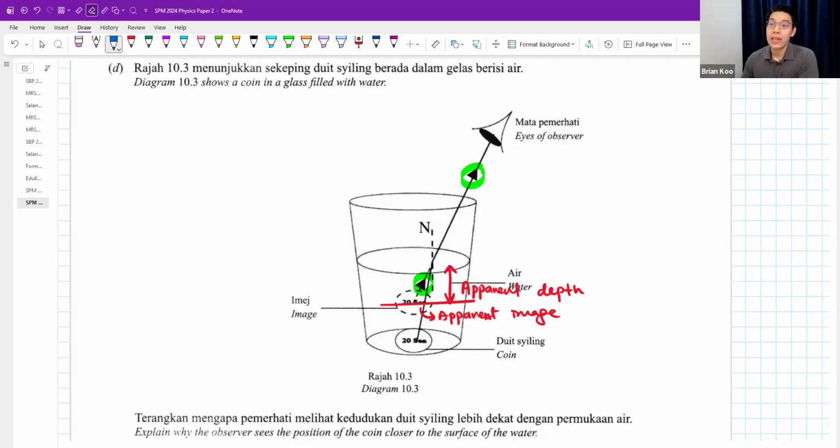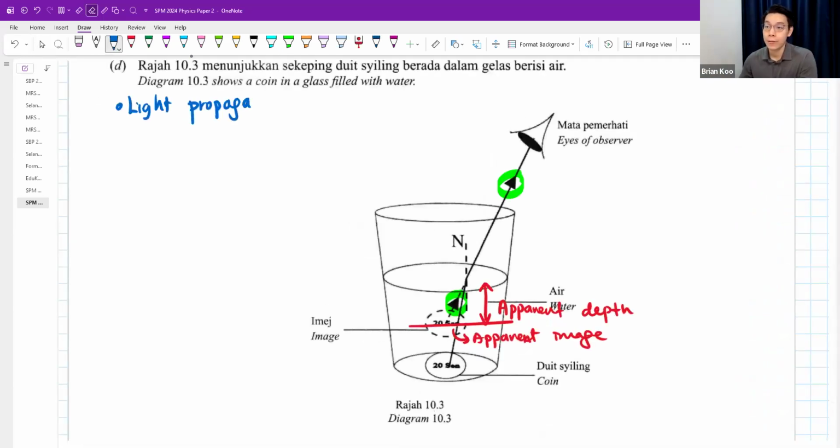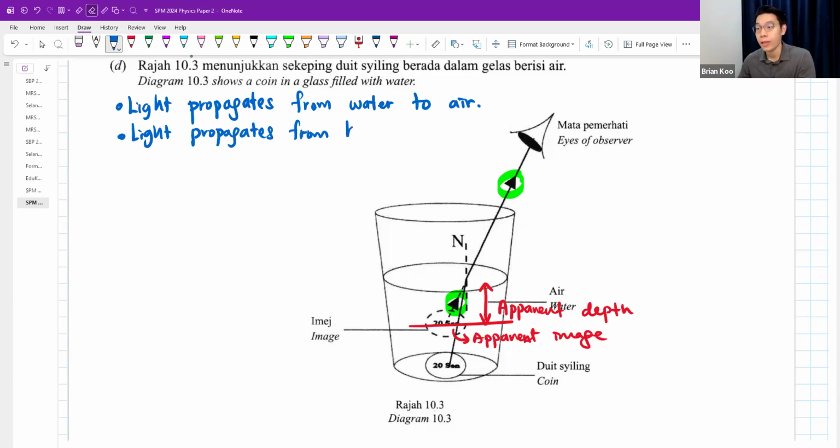All right, so you can say light propagates from water to air. Light propagates from high to low optical density medium.